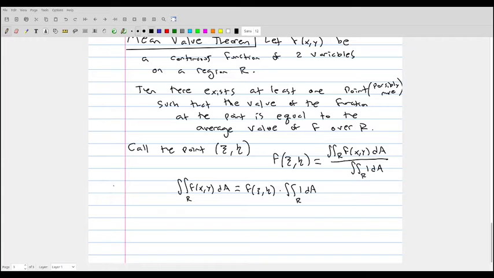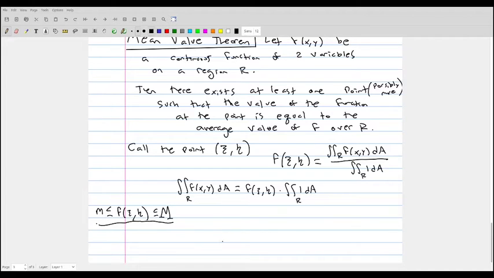And because this function f will always be bounded between its maximum and minimum values, so we'll call the maximum value of f capital M over R, and the minimum value lowercase m.